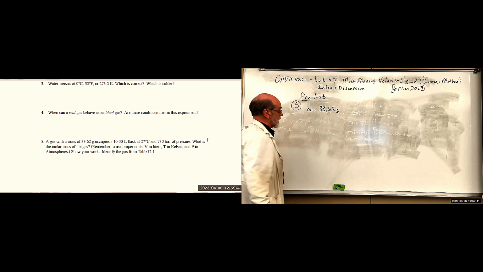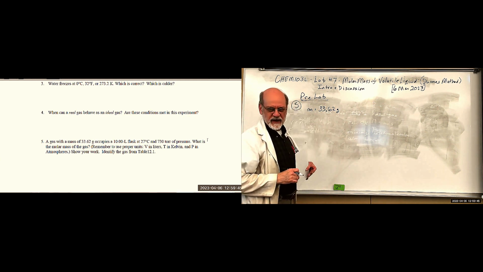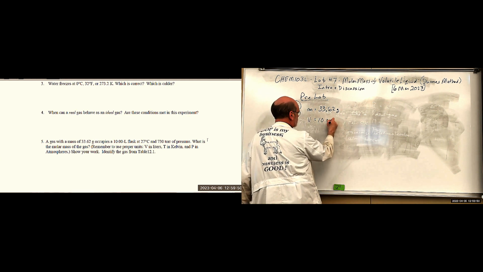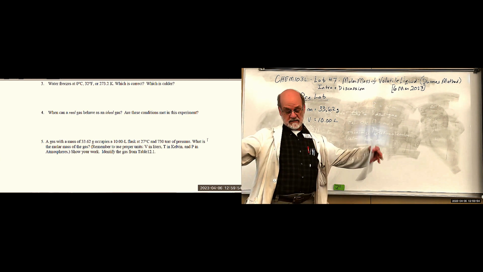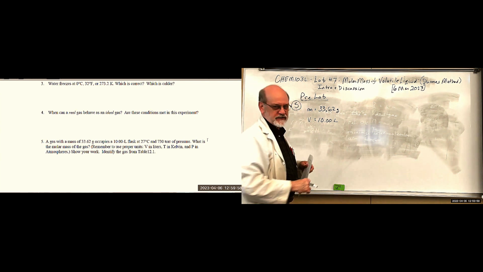That's going to have to be a lot of gas to weigh that much. And it occupies a 10-liter flask, so volume equals 10 liters. Okay, that makes more sense. Got a lot of gas, it can weigh that much. At 27 degrees C.